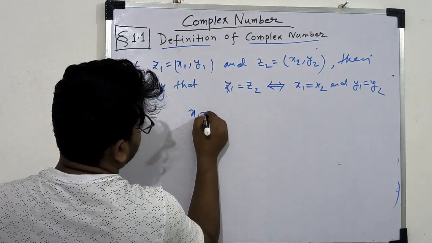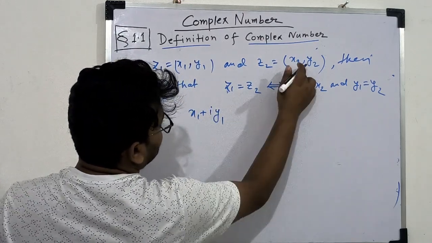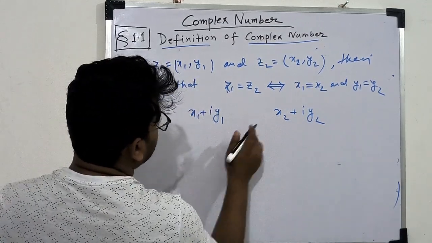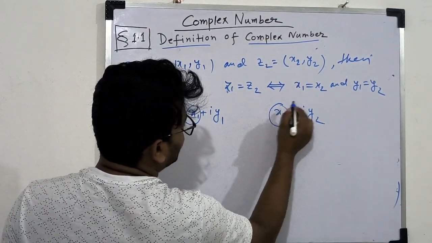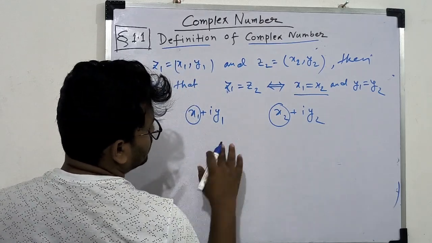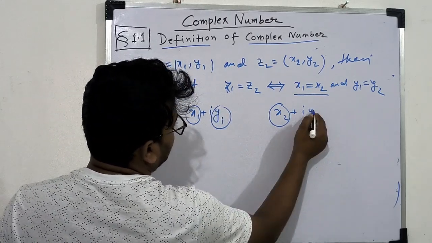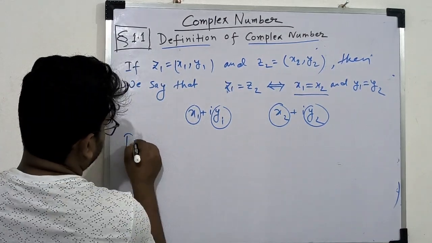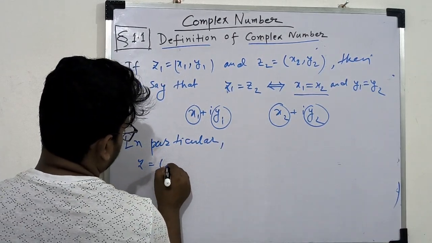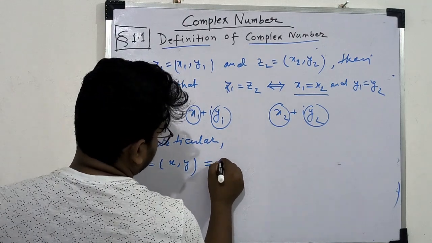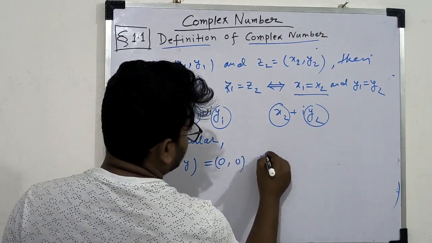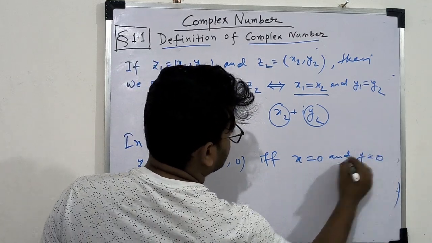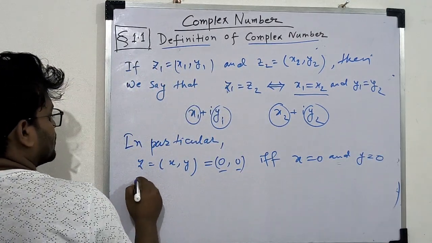So clearly this can be written as x1 plus i y1 and this can be written as x2 plus i y2. So they will be equal if the real parts are equal, that is x1 equals x2, and the imaginary parts are equal. It is as simple as that. In particular, z equals (0, 0) if and only if x equals 0 and y equals 0.